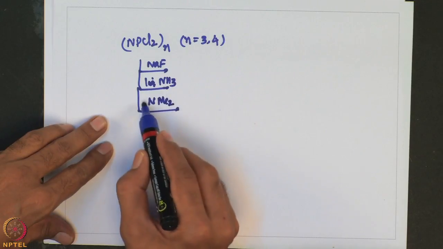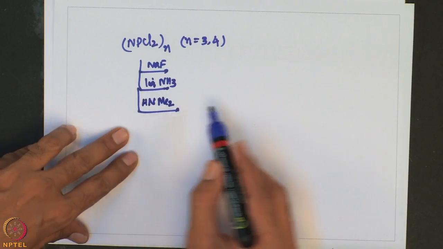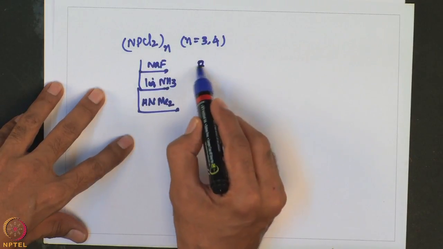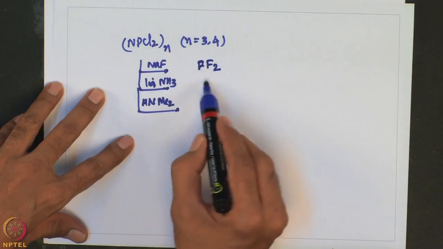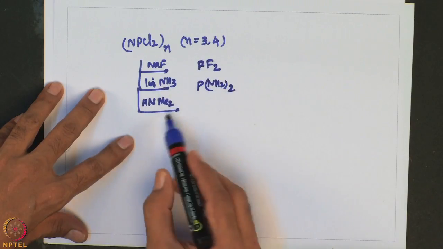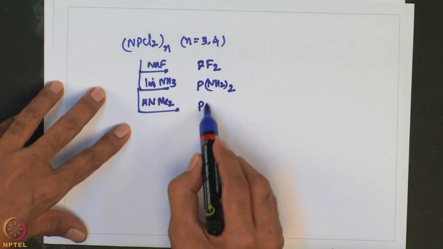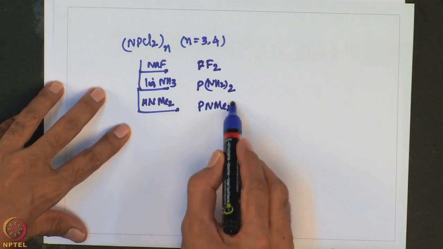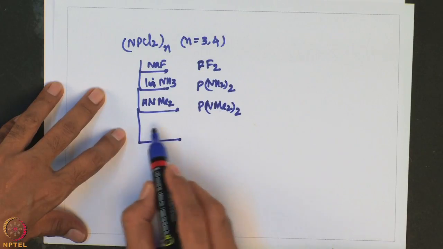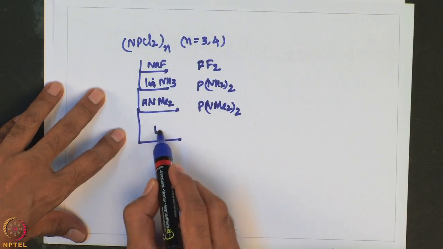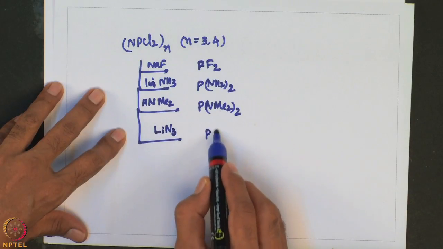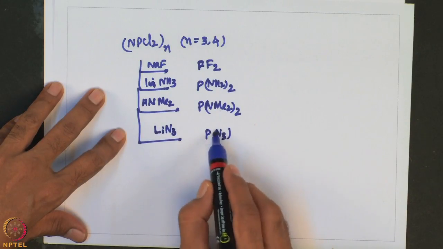So, F can be added, that is, it becomes PF2. Simply I write PF2 here, and here I put NH2 two times, and here I will put NMe2 two times. Similarly, if we use lithium azide, we can add PN3 twice.